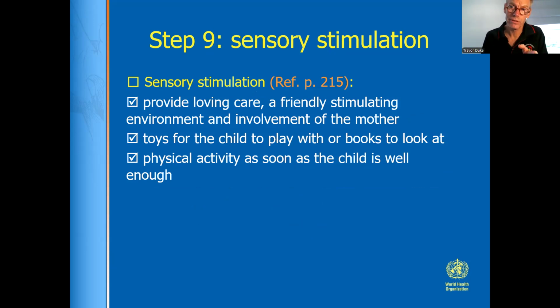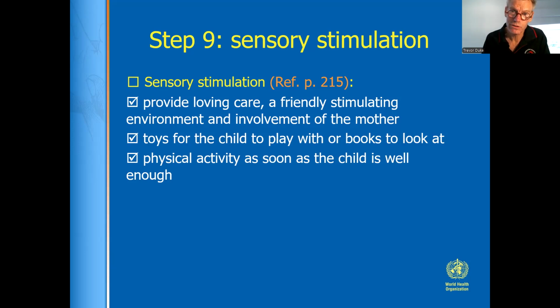Many children with severe malnutrition will be quite depressed. Their development is slow. It's not that their families don't love and care for them, it's just that their mood will be down. So you need to provide a loving and friendly, stimulating environment and clearly closely involve the mother.